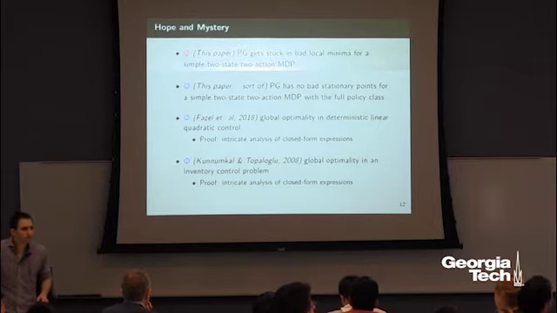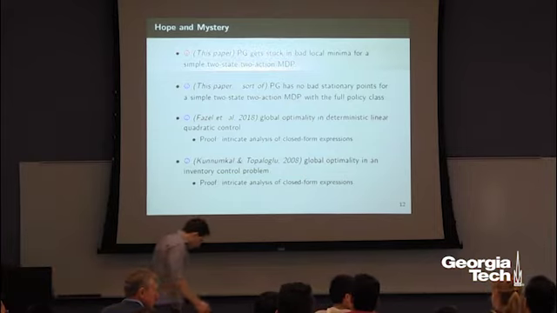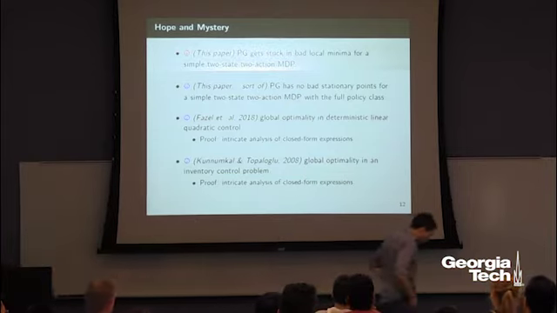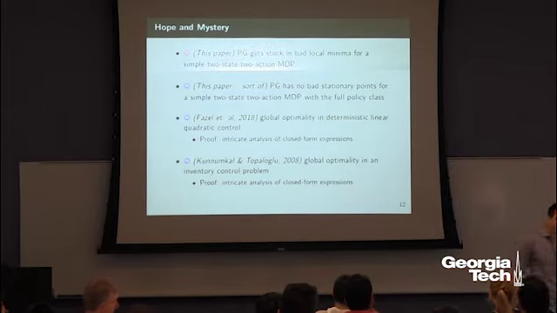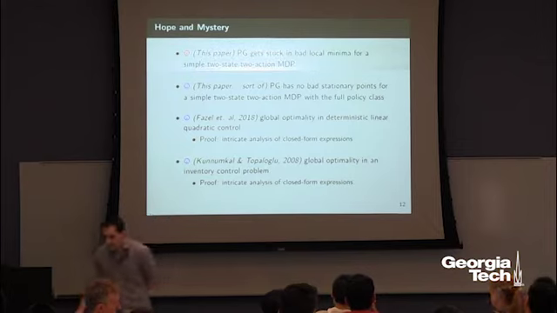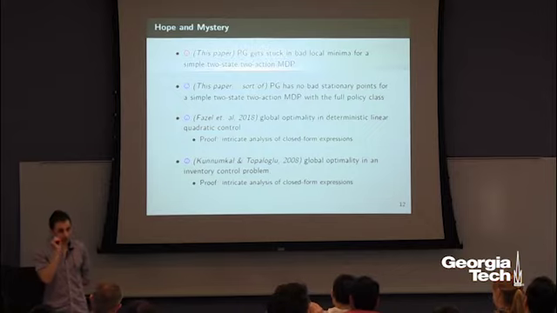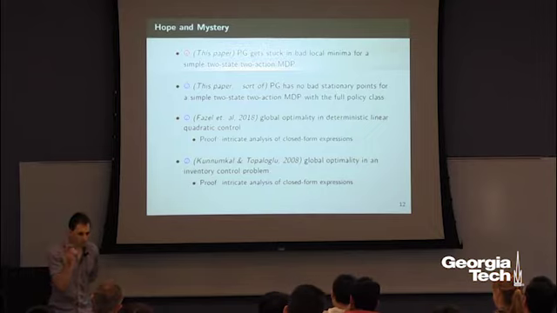Yes? By enforcing the first policy class, you seem to be actually solving a partially observed problem. It's not partially observed. I'm not sure why. By enforcing a single parameter, you don't know what the state is. You can't differentiate between the two states. No. I'm not changing the problem, but I'm changing the policy class. I think you're right that I'm not allowing the policy to take different actions at certain states.